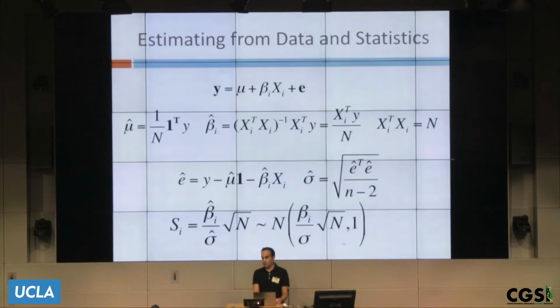So let's say this is your model here. And you have data from n individuals. If you want to estimate, for example, this mu, all you do is take the average of all the y's. That's because the things are normalized.